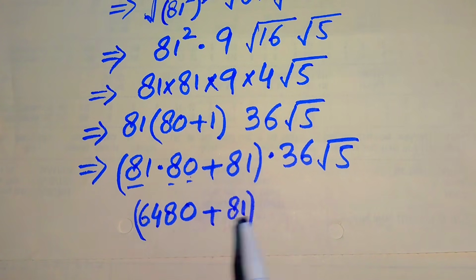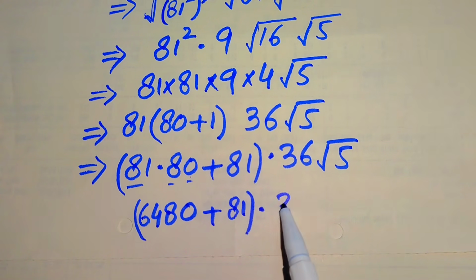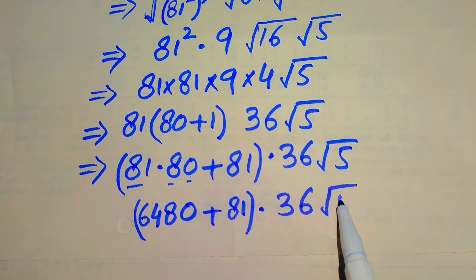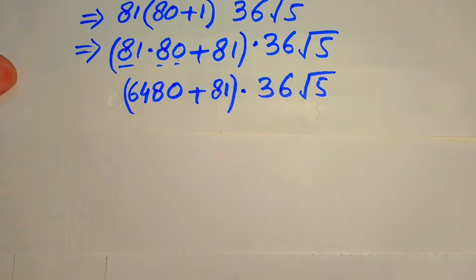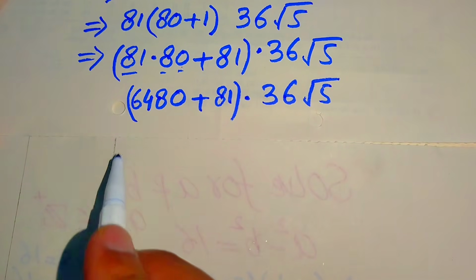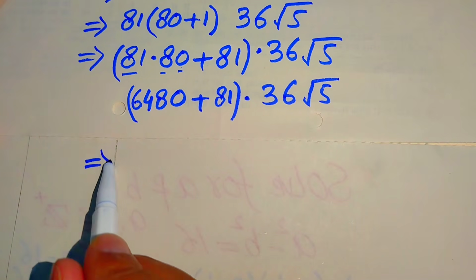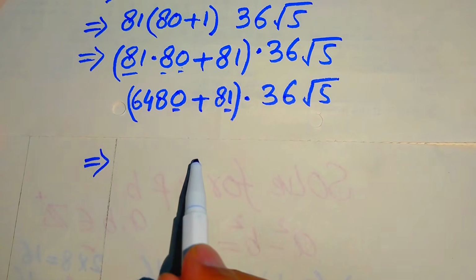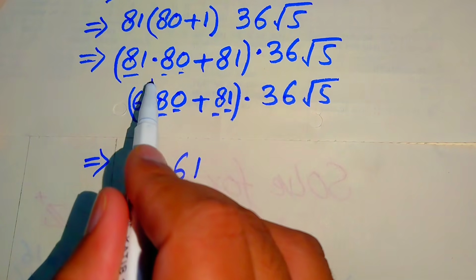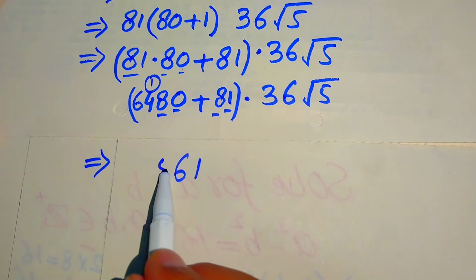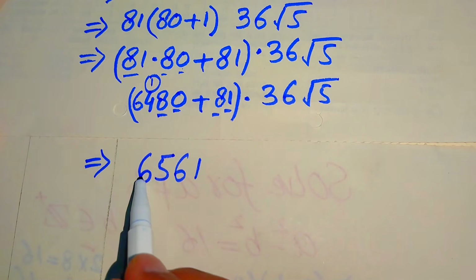Here we need to sum up both of these two values, and the resulting answer is multiplied by 36 times the square root of 5. So first we sum up these values: 0 plus 1 becomes 1, 8 plus 8 becomes 16, we write 6 and carry 1, so 4 plus 1 becomes 5, and this is our 6.